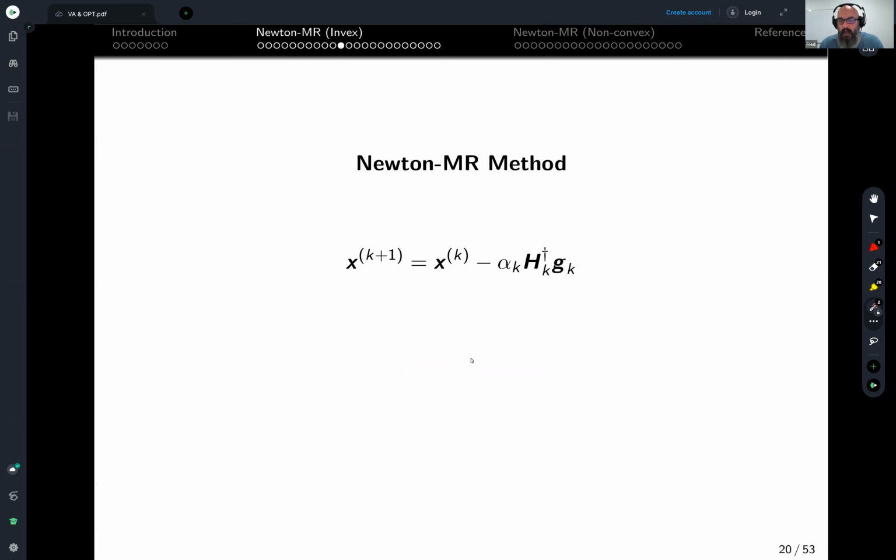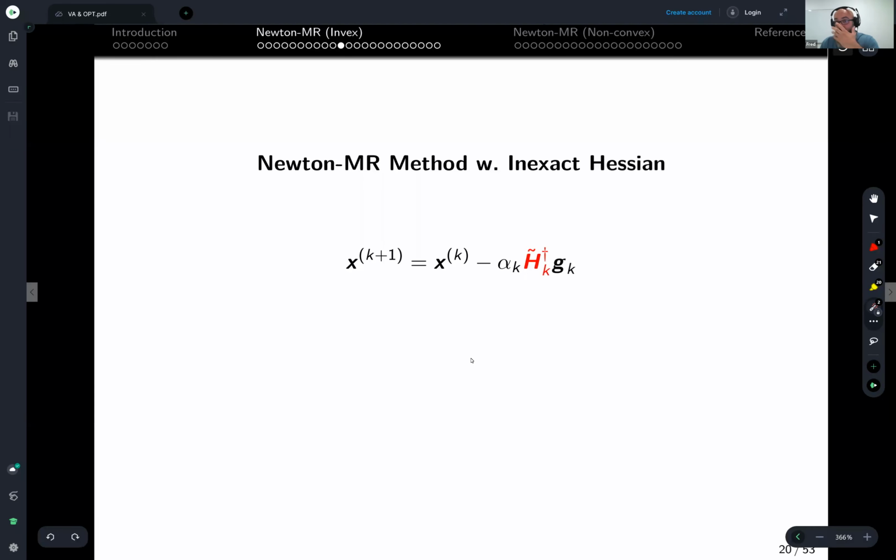And by approximating the Hessian, we replace it with the tilde. So do we have the same condition between the true H dagger and the approximate H tilde dagger, the pseudo-inverses of the Hessian and its approximation?